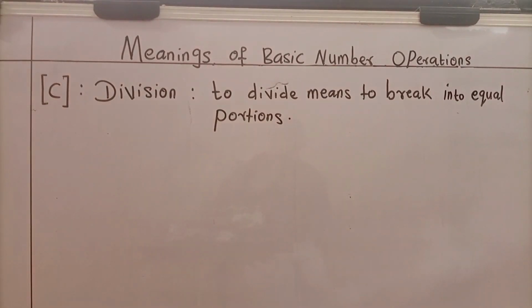We're going to use an example that will help us bring to life this meaning of dividing something or breaking something into equal portions. With that example, we get 2 other meanings of this division. Altogether, we're going to get 3 different meanings for division. Let us see the example.